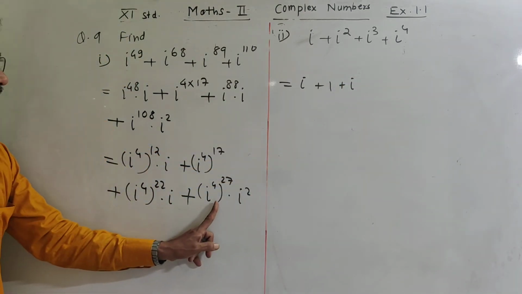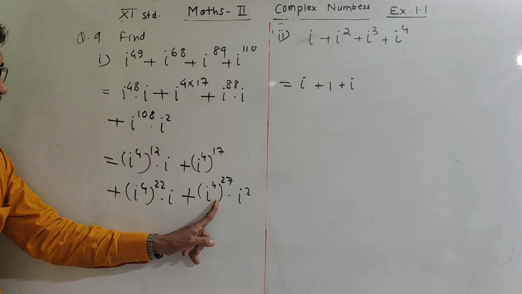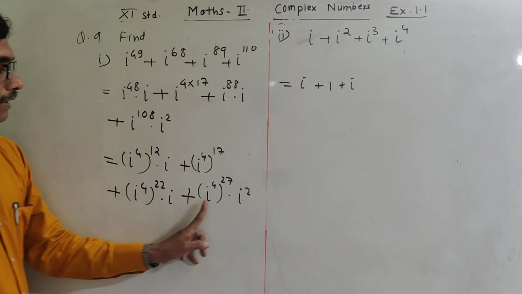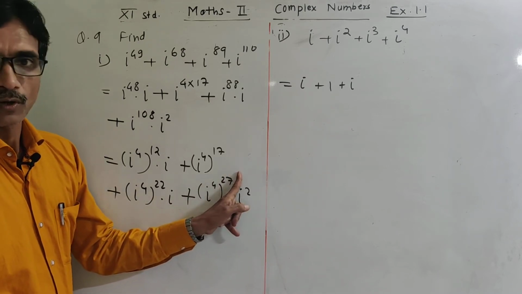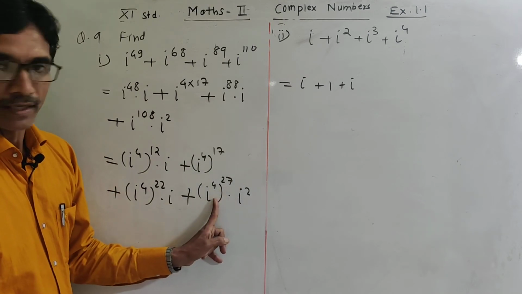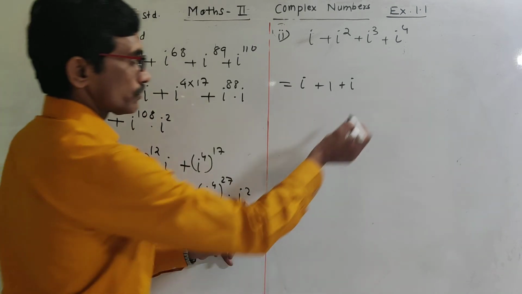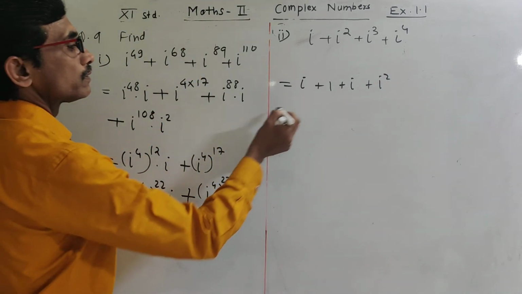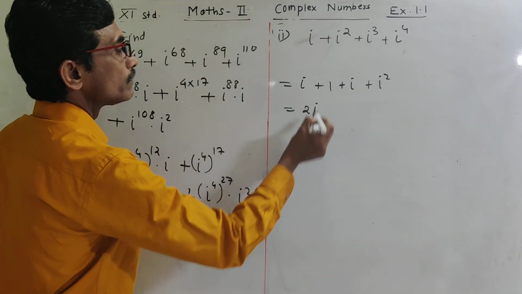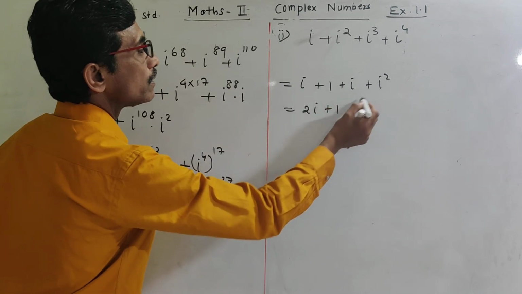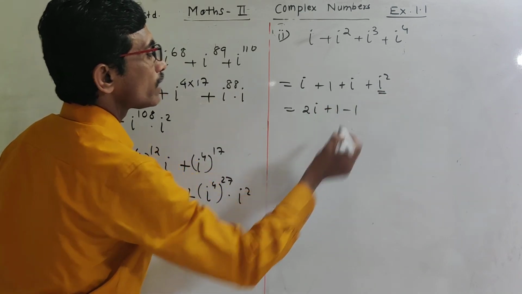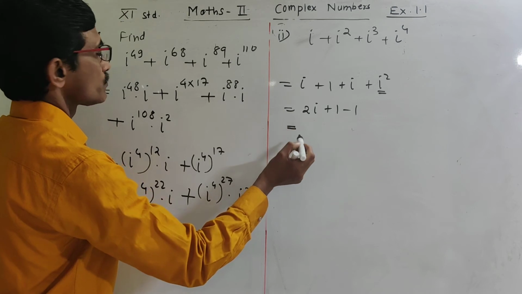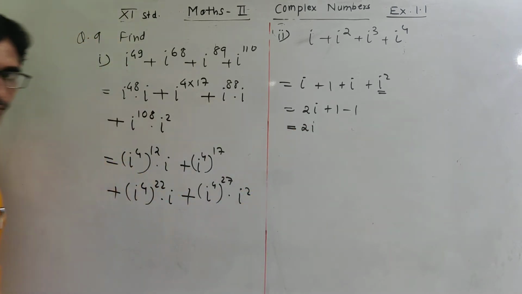And this i raised to power 4n raised to power 27 is 1, into i square. i square is what? i square is minus 1. So we are getting its value equal to 2i.